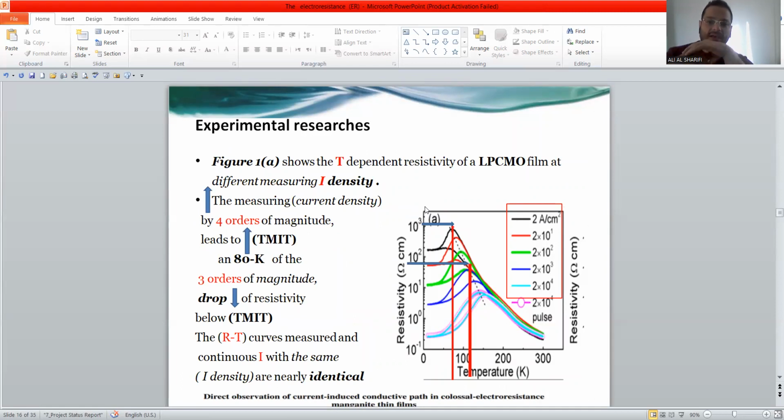Here, figure A shows the dependence of resistivity of this conductor. At this current, the resistivity is increasing somewhat, and after that decreasing.